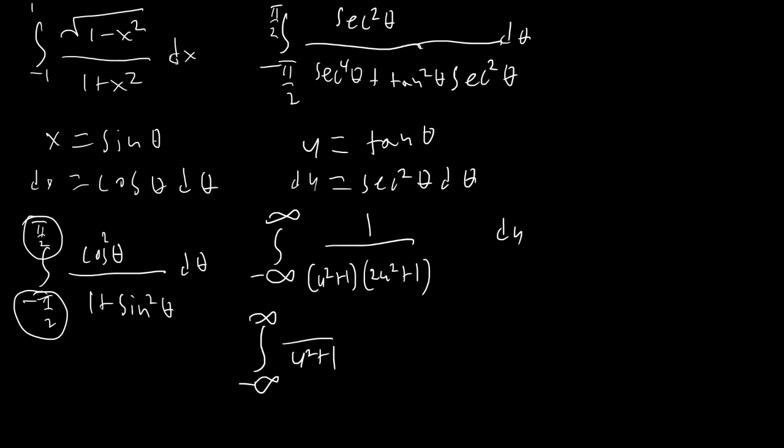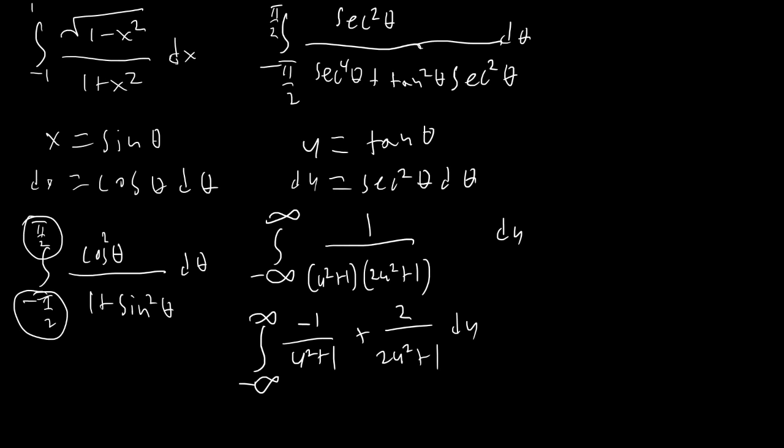So this should be negative 1. And then for our other factor, we're going to set u squared equal to negative 1/2. And if we plug that into 1 over u squared plus 1, then we're going to get 2. So we're going to plus 2 over 2u squared plus 1 du.